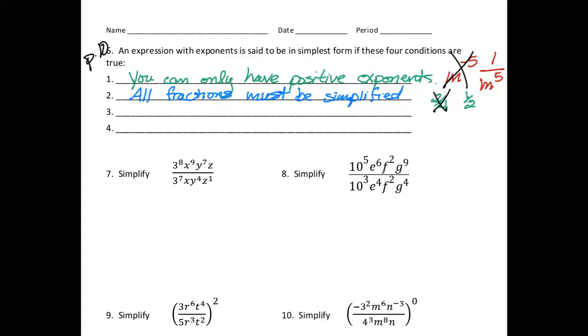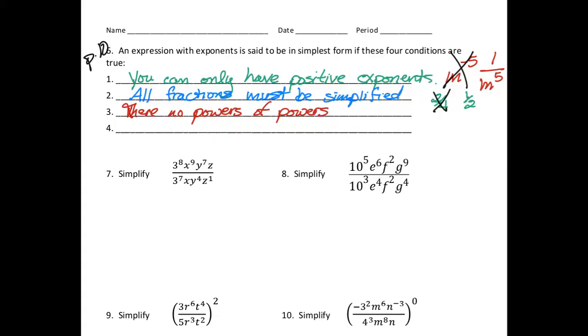Something about powers to powers. You must simplify all powers to a power. There are no powers of powers, meaning you have already simplified them.